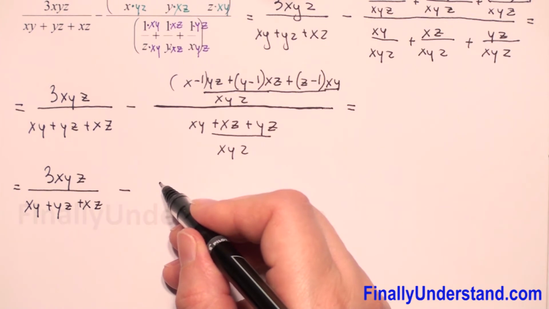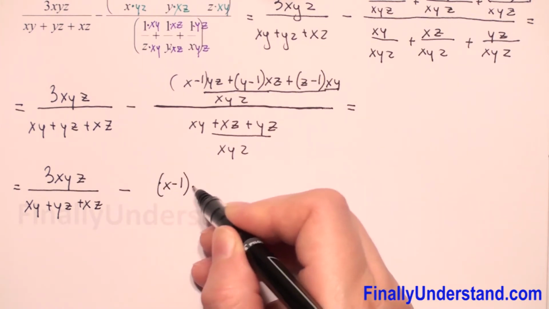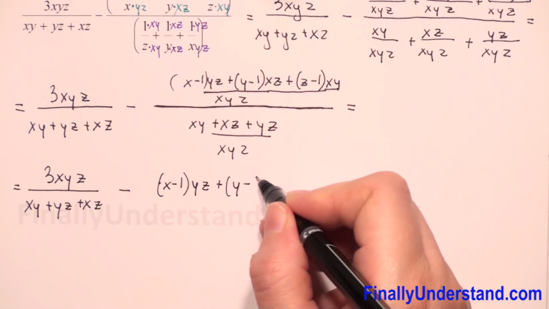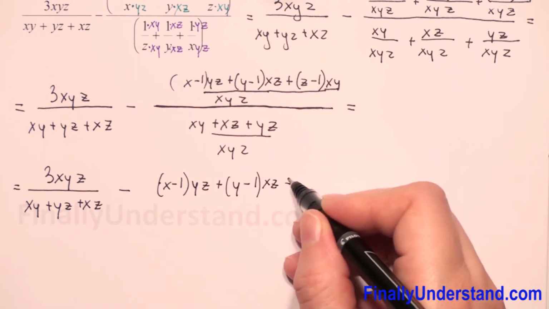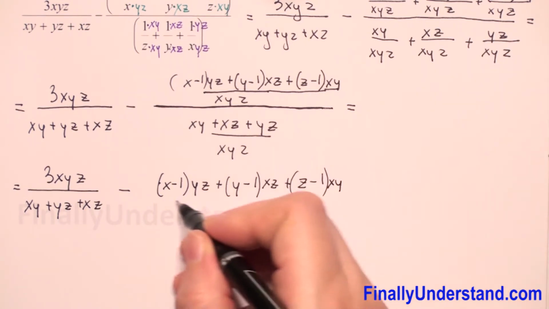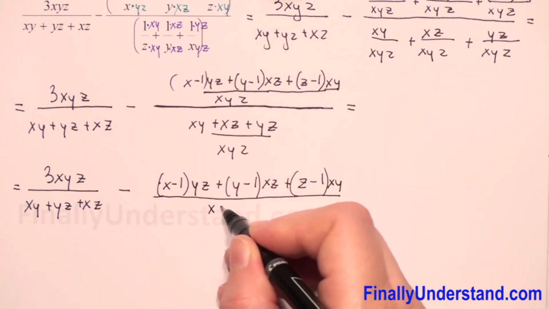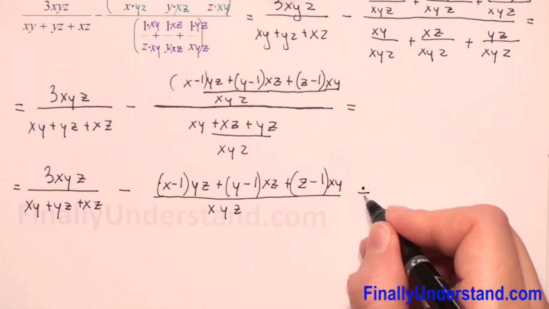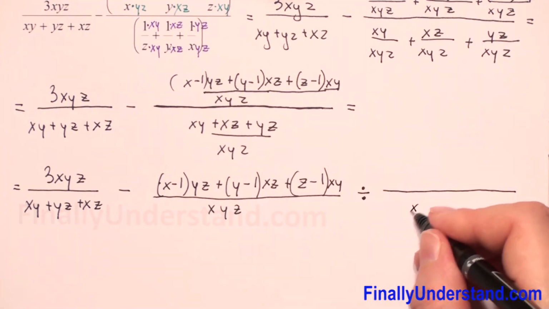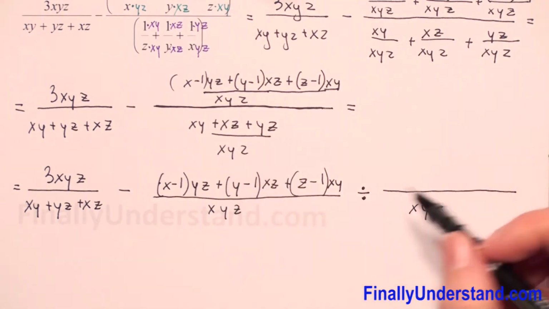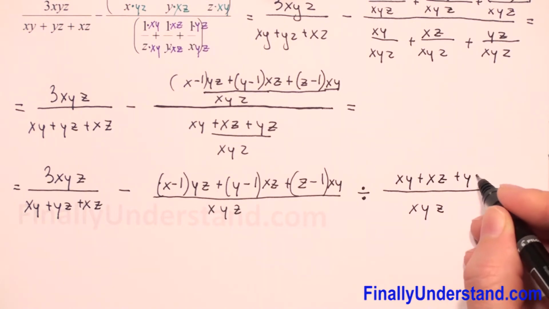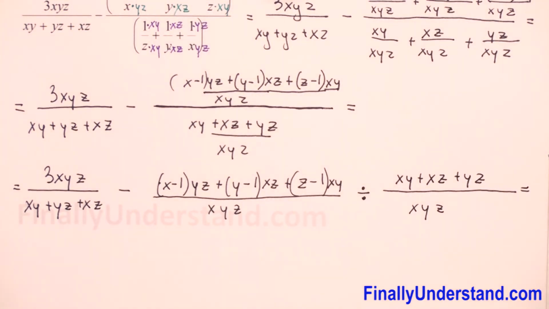We have x minus 1 times yz plus y minus 1 xz plus z minus 1 xy over xyz, have division sign, and we have to copy the denominator, so this is xyz in the denominator, and the numerator is xy plus xz plus yz. So this is equal.